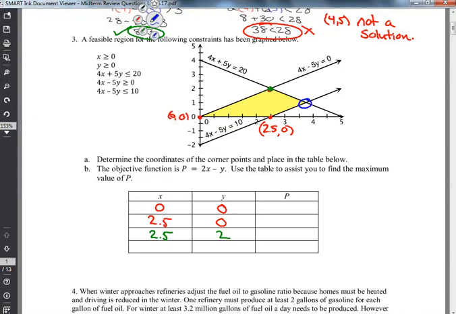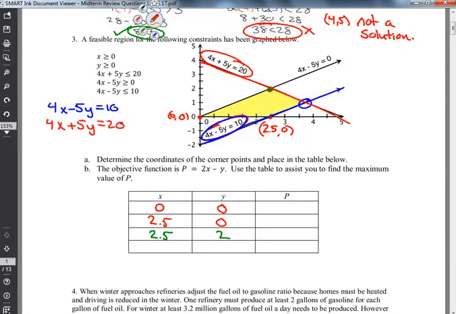And then this one here is in a weird spot. So this one I'm going to actually use my system of equations to solve. So that one is this line here and this line here. So I'm going to use this equation and this equation to solve. So I'm going to get 4x minus 5y equals 10, which is this one, and then 4x plus 5y equals 20.